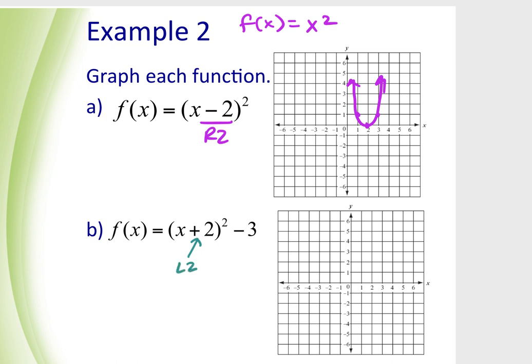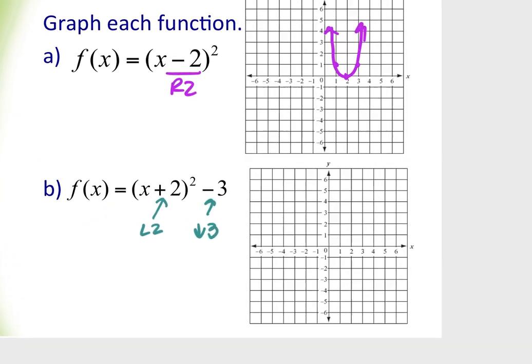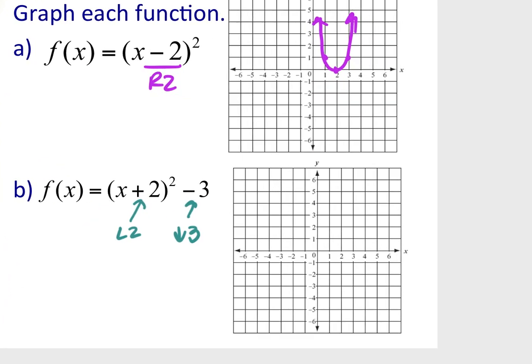Left 2, good. The minus 3, down 3. It doesn't matter which one you do first, left and down or down and left. I tend to go left and then down. And then again, up 1, out 1. Still good? How many of you remember these pretty well from last year? Good, okay.